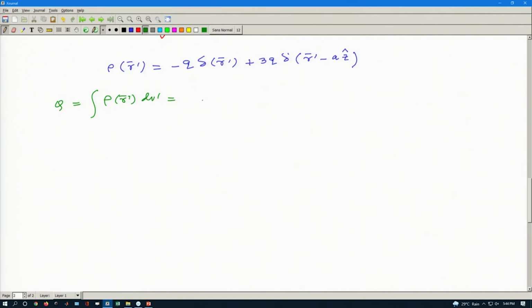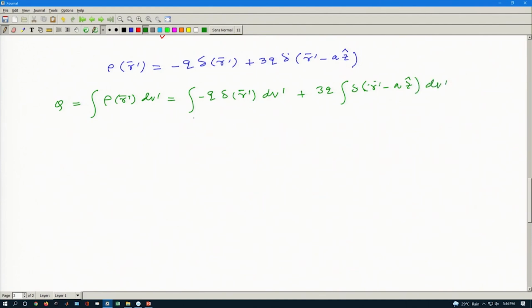So, it should be the integration of minus q delta r prime dv prime plus 3q, I can take this 3q outside the integration, and then the integration of delta r prime minus a z unit vector dv prime.